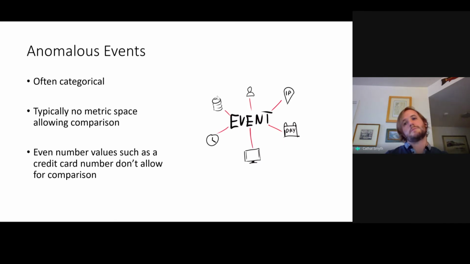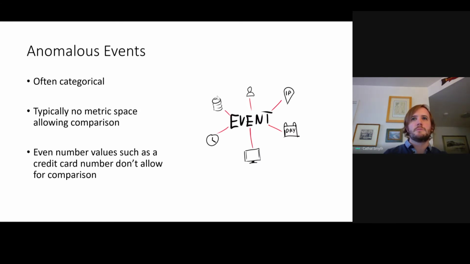So events often contain categorical data. You can look here at this little diagram. We've got an event where a user is logging on with a particular device from a particular IP address on a particular day at a specific time of day to a specific service or server. So typically these values are categorical. There's not going to be a metric space allowing you to compare.